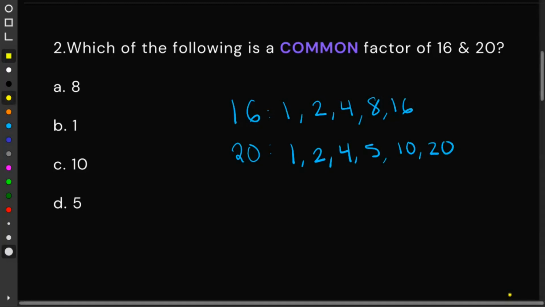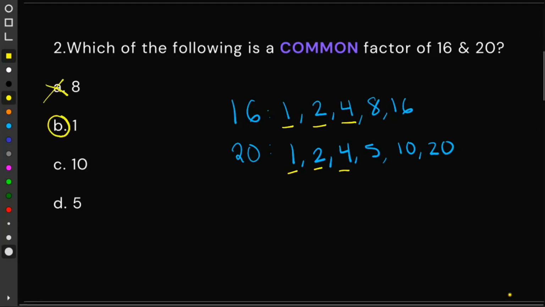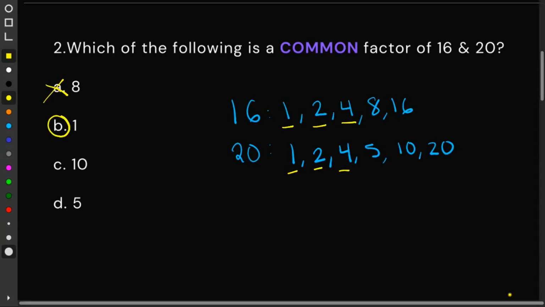Now let's check. Clearly, the common factors of 16 and 20 are only 1, 2, and 4. So 8 is not a common factor of 16 and 20. 1 is a common factor of 16 and 20. 10 is not, since both 8 and 10 are only factors of either 16 or 20.